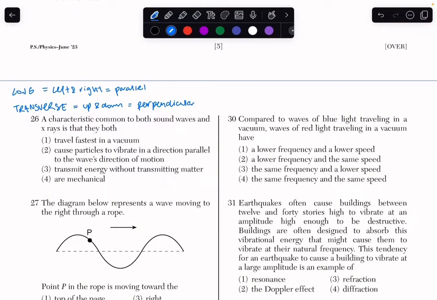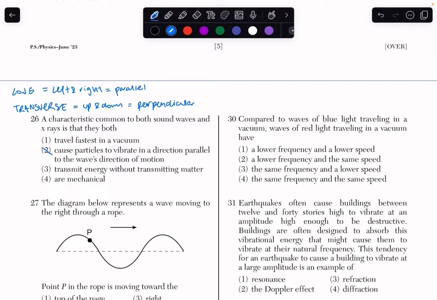And some information that you need to remember is that sound waves are longitudinal. So a sound wave is longitudinal, that's parallel. So that part is correct. But an X-ray is not parallel. An X-ray is a transverse wave, which means it's perpendicular. So since the sound wave is parallel, but the X-ray is perpendicular, that means 2 cannot be correct.